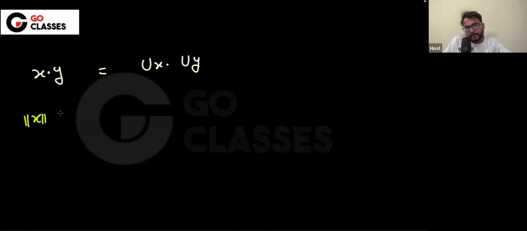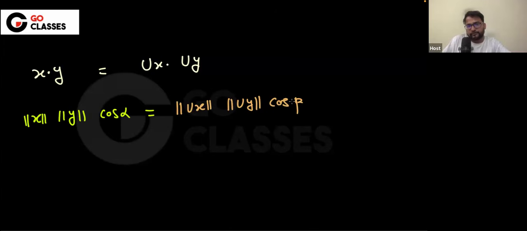I'm applying the other definition. Let's suppose here the angle is alpha. Let me change the color of the pen, and let's suppose here the angle is beta. The length doesn't change, right?